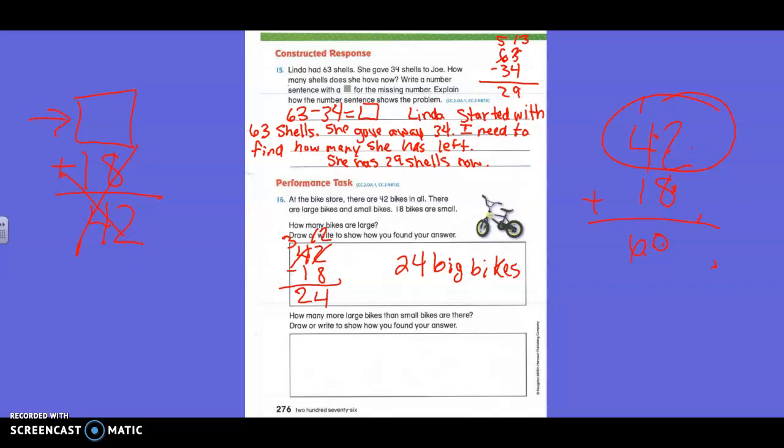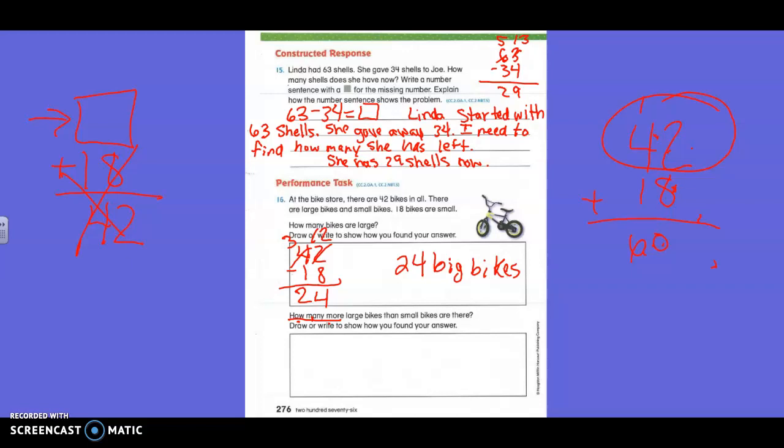Okay. The next question says, how many more large bikes than small bikes are there? What does it mean when you see how many more? Subtract. How many more means you are subtracting.